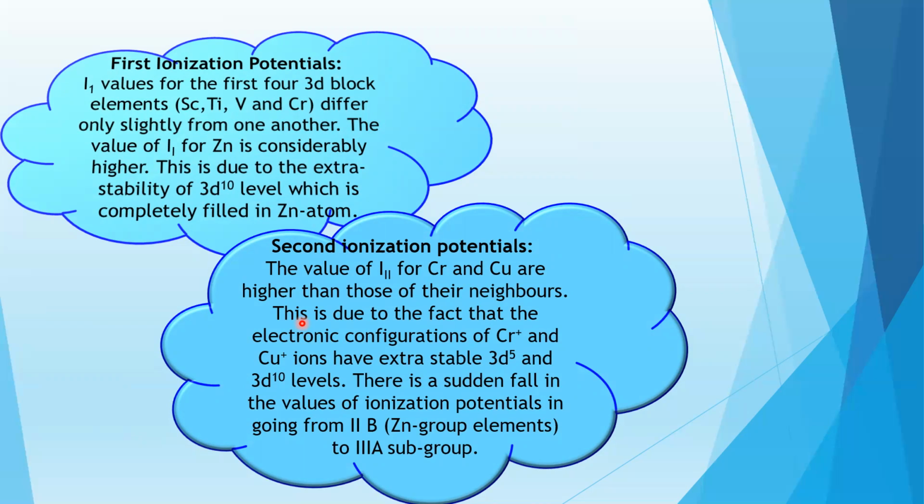This is due to the fact that the electronic configurations of Cr+ and Cu+ ions have extra stable 3d5 and 3d10 levels. There is a sudden fall in the values of ionization potentials in going from 2B, that is zinc group elements, to 3A subgroup elements.